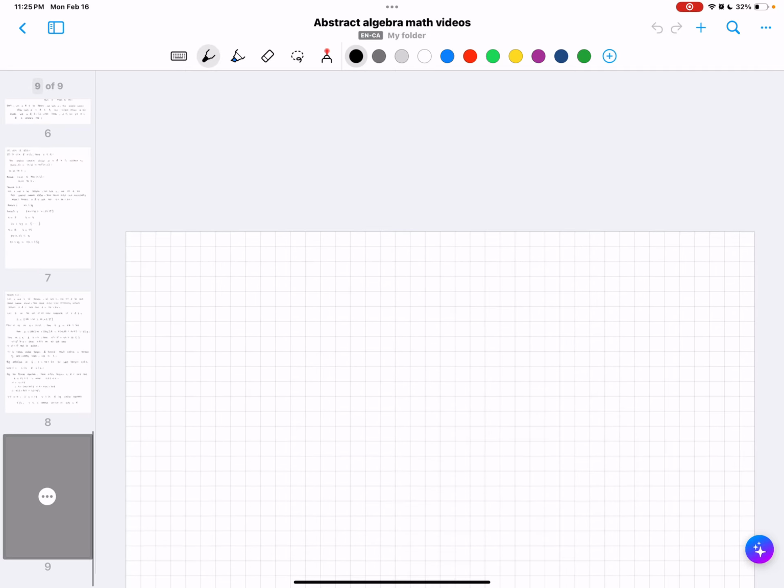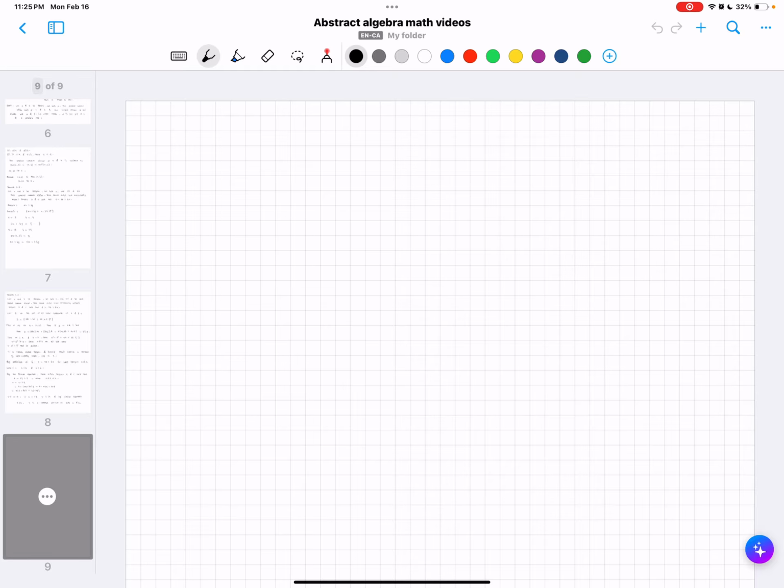So let's show that it is the greatest common divisor.